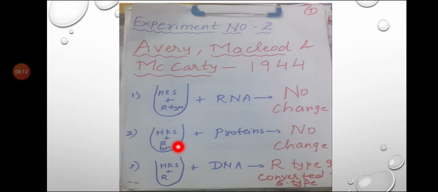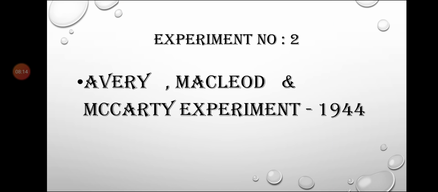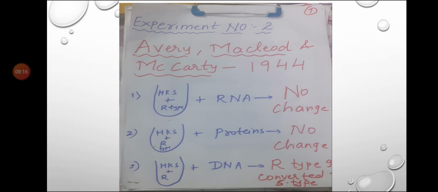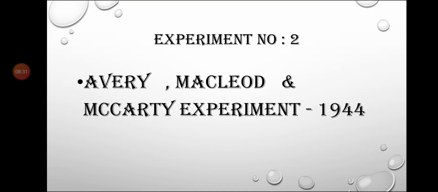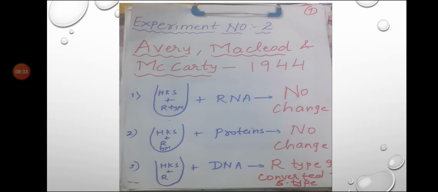The third time, heat-killed S type plus R type was mixed with DNA, and this time a change was observed in the test tube. What was the change? The R type of bacteria got converted to S type of bacteria.